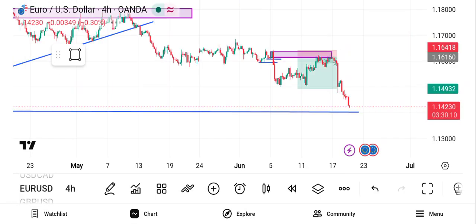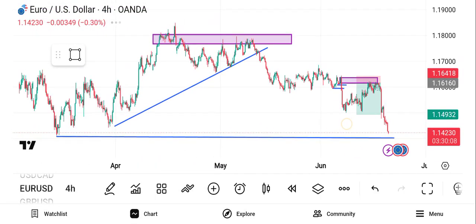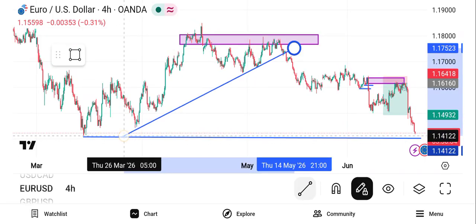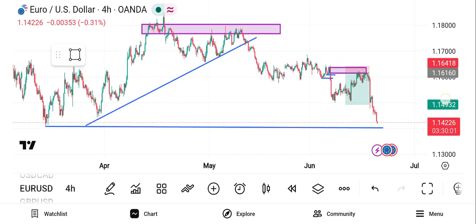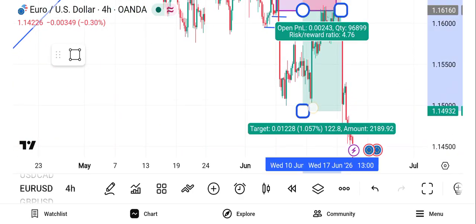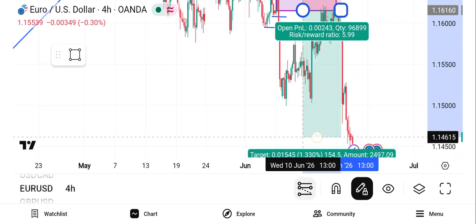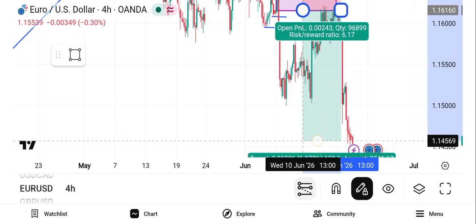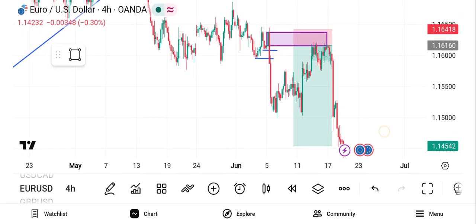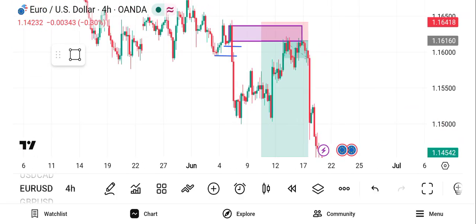Let's check it on the 4-hour time frame. You can see there's a trendline liquidity. So market was selling to clear this trendline liquidity. So I already knew what was going to happen. That is why I had to extend my TP down to this level here. And that is how market sold and gave me my TP.